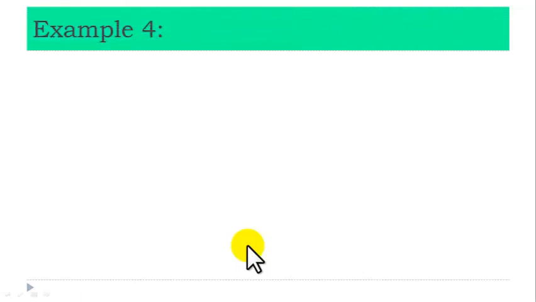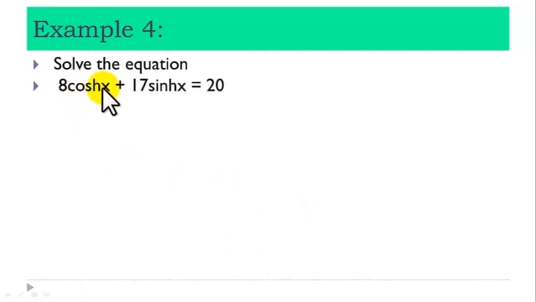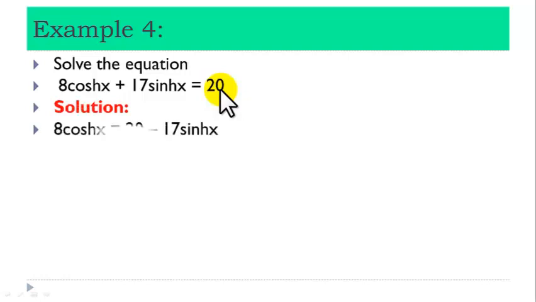Example 4. Solve the equation 8 coshx plus 17 sinhx equal to 20. Solution. Let us rewrite the equation as 8 coshx equal to 20 minus 17 sinhx.